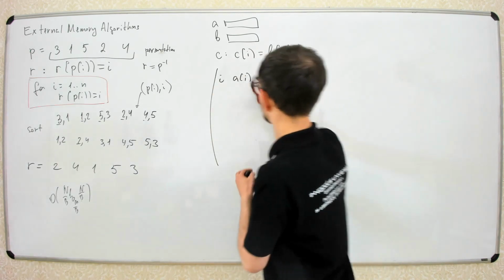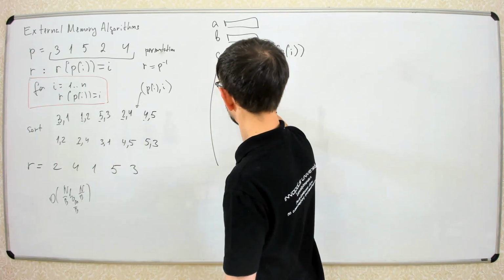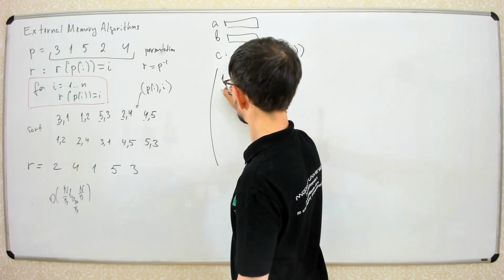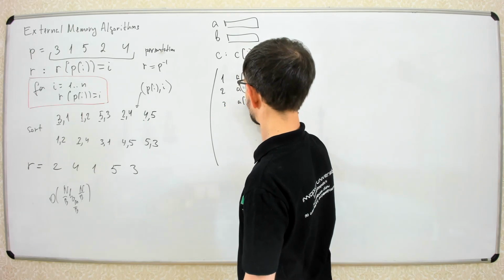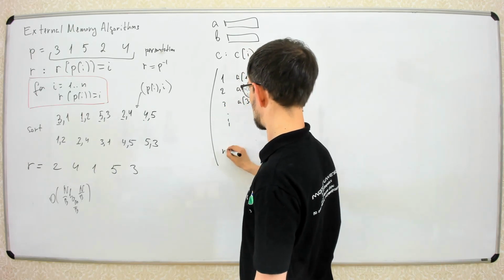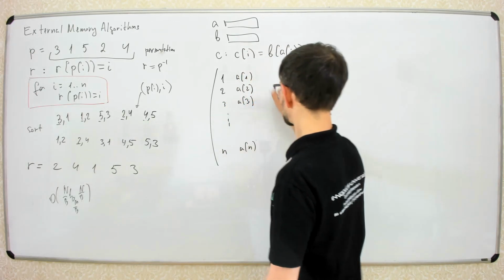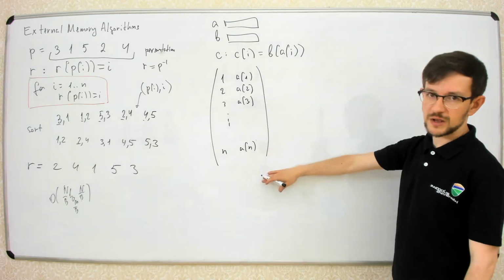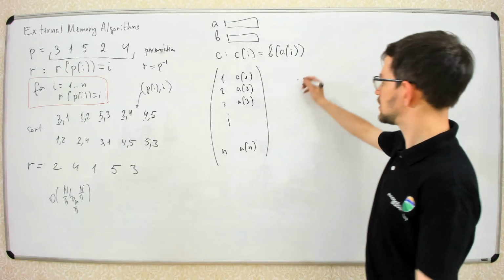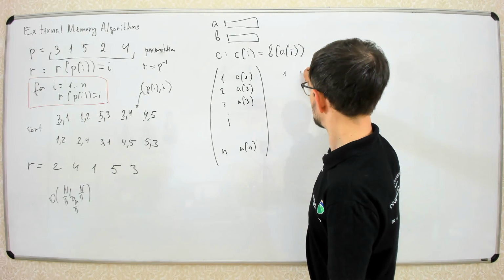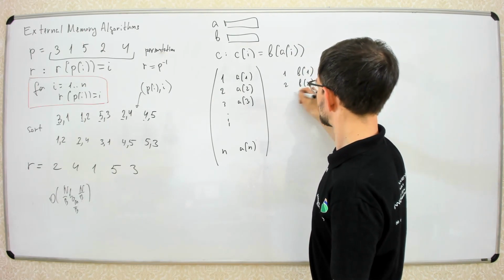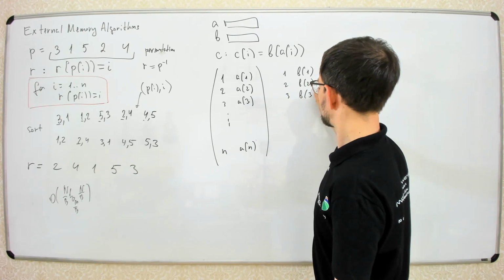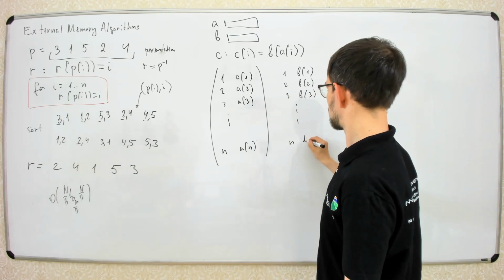Let's store it like this: 1, A of 1, 2, A of 2, 3, A of 3, and so on, n, A of n. So let's make this array of pairs, and here let's make another array of pairs: 1, B of 1, 2, B of 2, 3, B of 3, and so on, n, B of n.